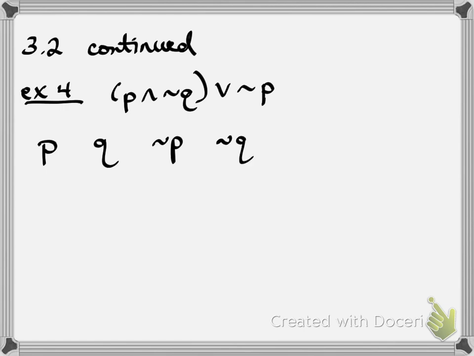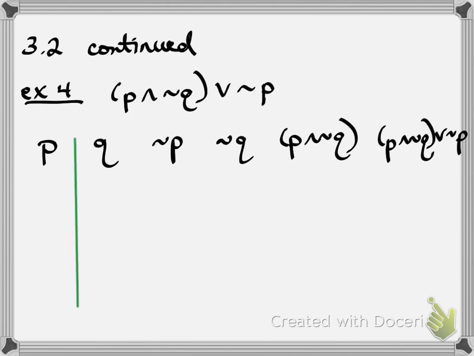Again, P and then Q. And then we have a set of parentheses, so we need to add that. And then we need the whole thing. And by us splitting it up this way, we are able to test every piece of this statement.